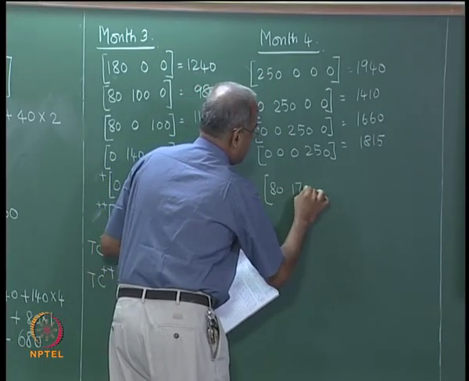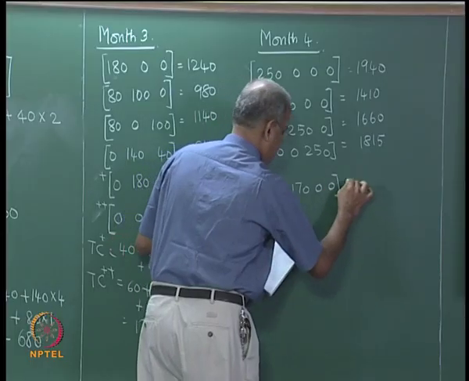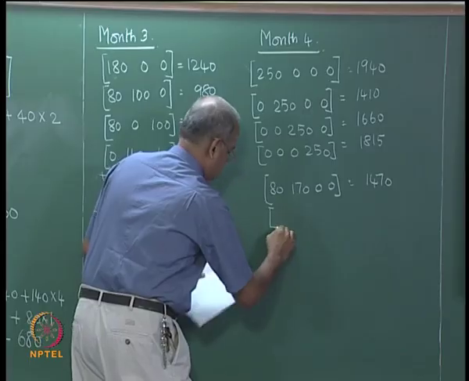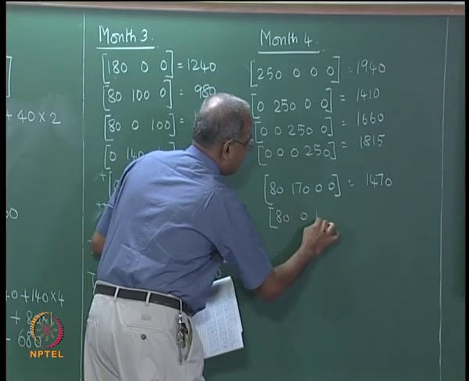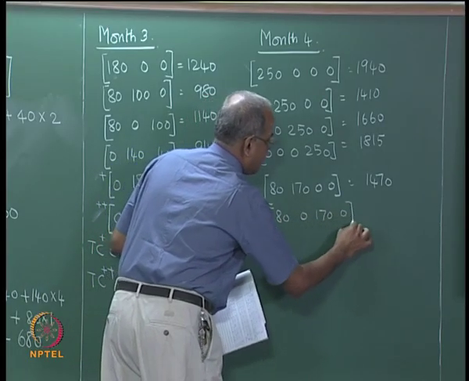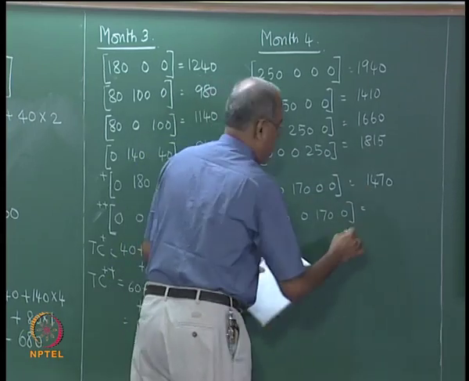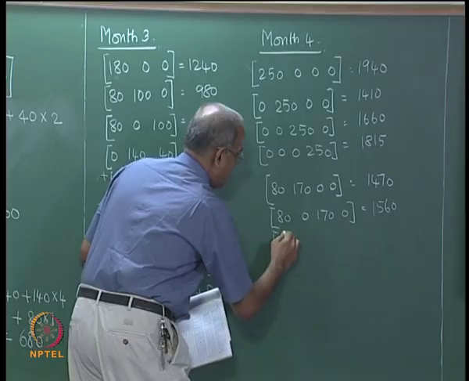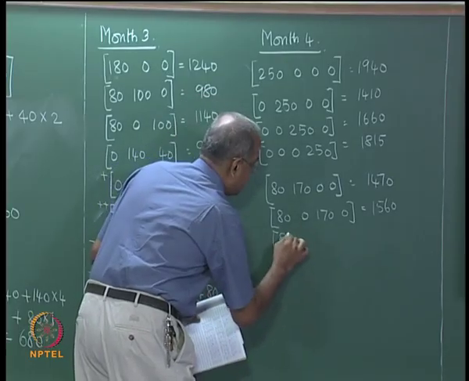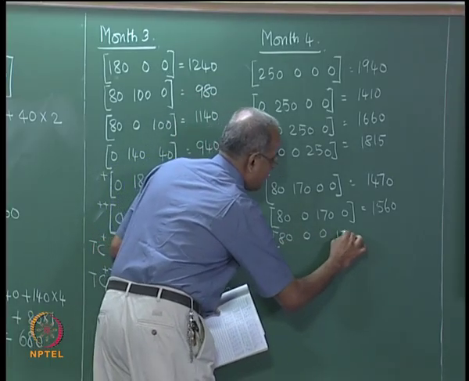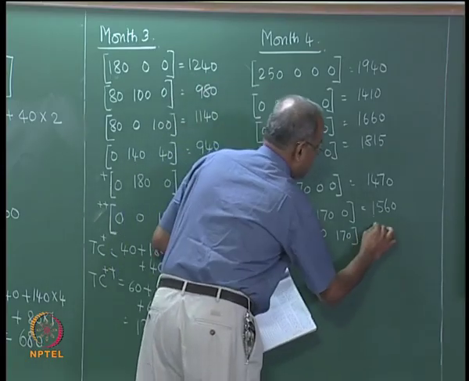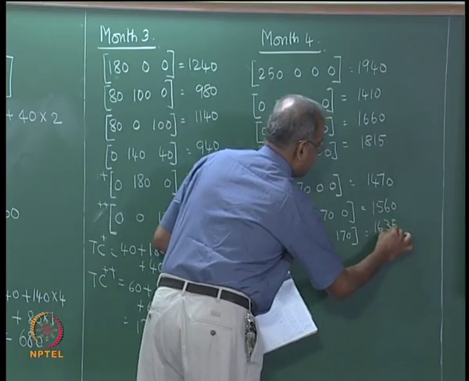Then 80, 170, 0, 0, which is 1470; 80, 0, 170, 0, which is 1560; 80, 0, 0, 170, 1635.